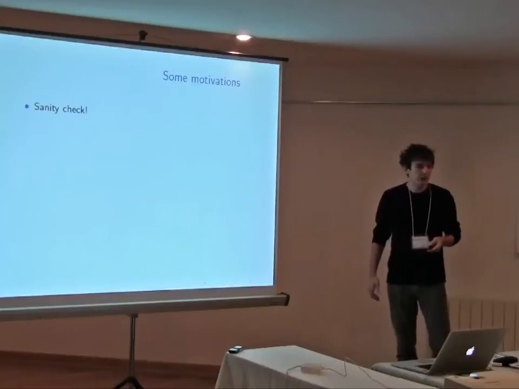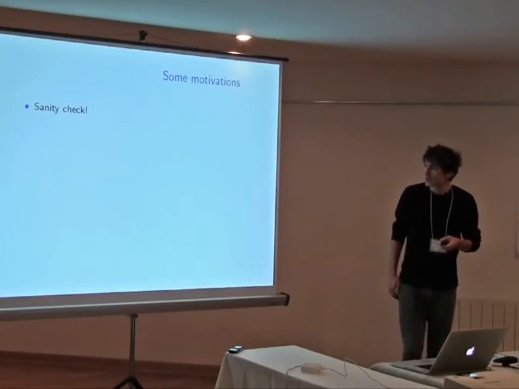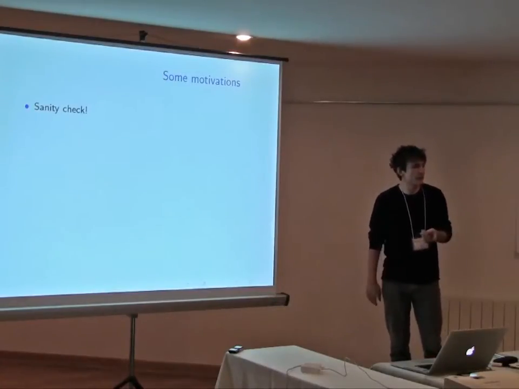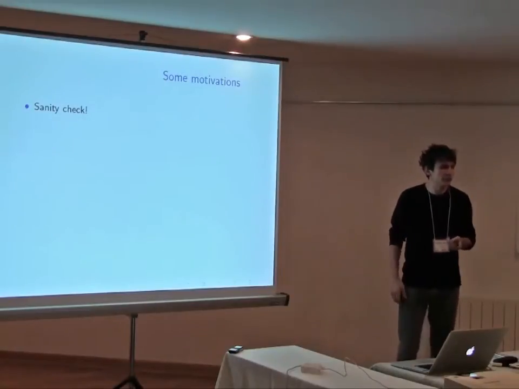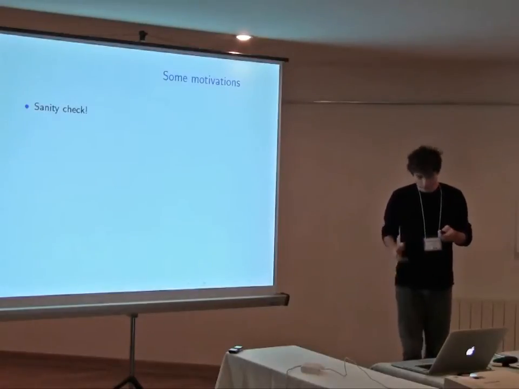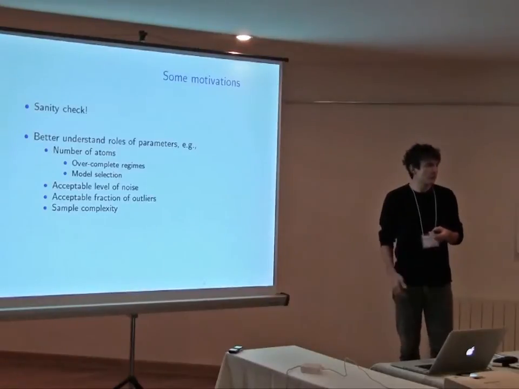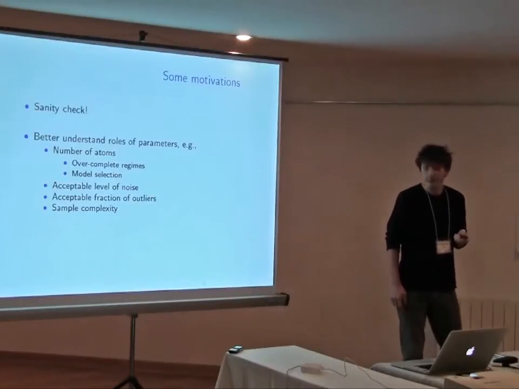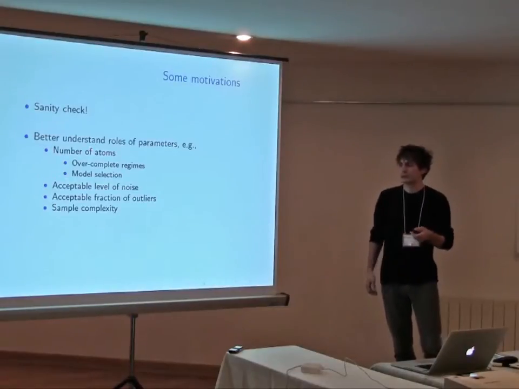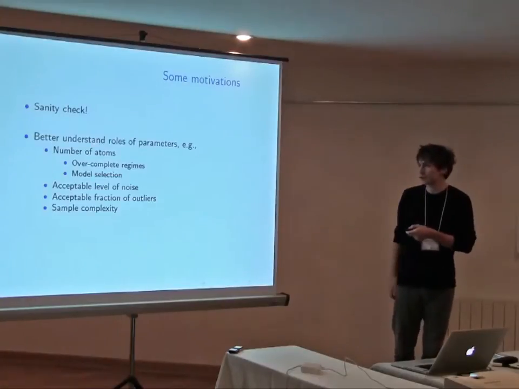So perhaps some motivation: why should we care about this problem of identifiability? First, I consider that this problem, where we consider a very simple scenario, is basically a sanity check. We would like just to verify that sparse coding is doing what we expect it to do. The second motivation is to better understand the role of the parameters that are involved in sparse coding. For instance, I mentioned here the number of atoms, which is a parameter that is in practice difficult to set and is not very well understood in the case of overcomplete regimes.